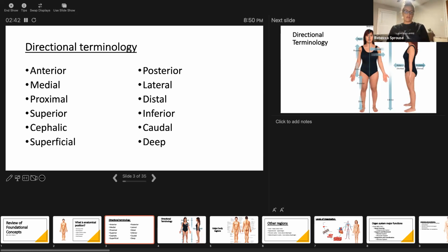Proximal and distal is something that you're going to talk about when you're talking about limbs. So upper arms, lower legs. And the reference point for those is going to be point of attachment. So if you think about your arm, your point of attachment is your shoulder. And if you think about your legs, your point of attachment is the hips. So if we are talking about a location on your arm, and we want to talk about proximal versus distal, we're saying how close proximal or how far away distal a reference point is to that point of attachment or to that shoulder.